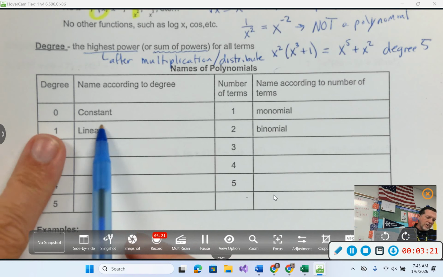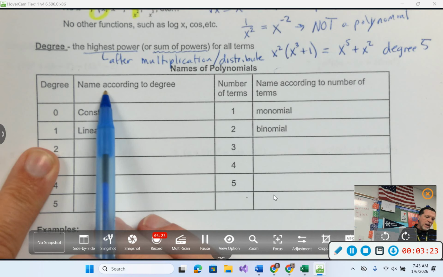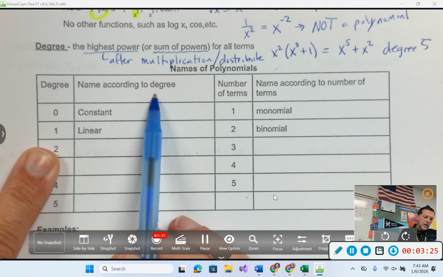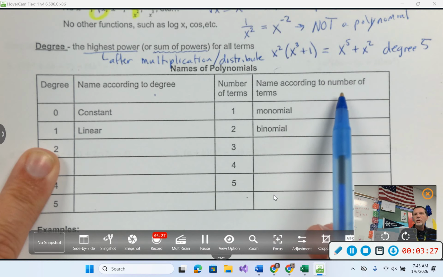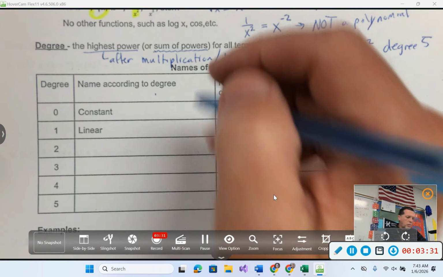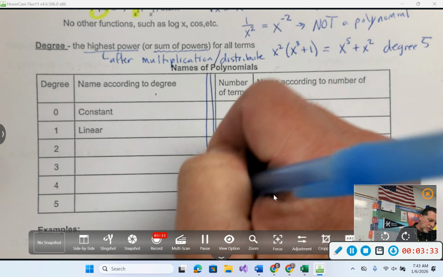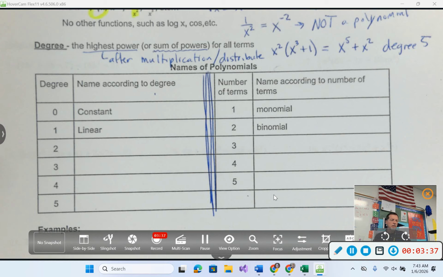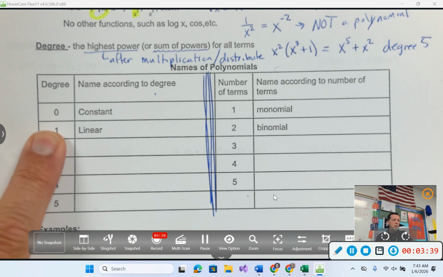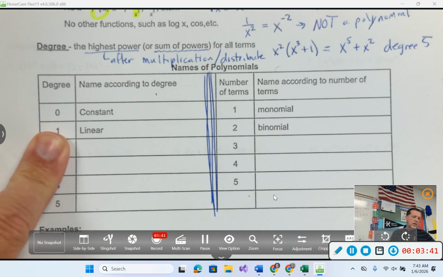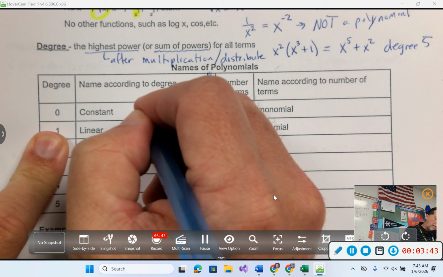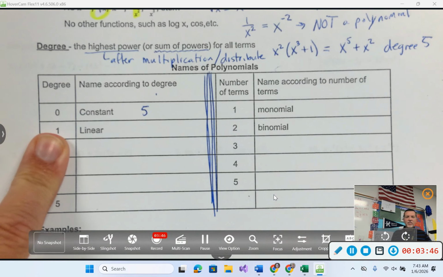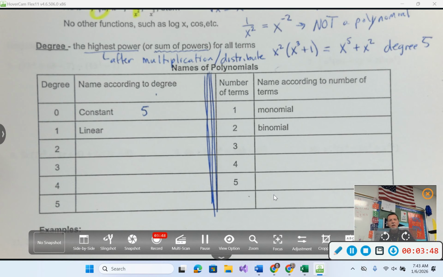All right, some fancy names. You can name it according to the degree, or you can name it according to the number of terms. And these are separate tables. I wish we had done a better job separating these. So if the degree is 0, which might be weird, but if it's just a 5, that's still a polynomial, but it's a constant.